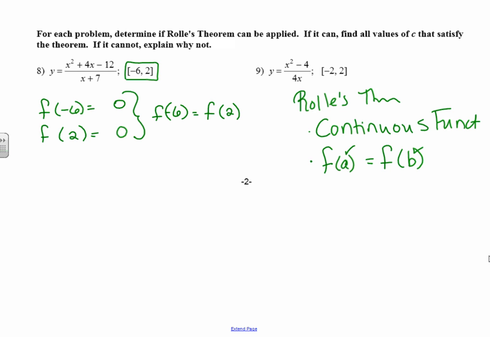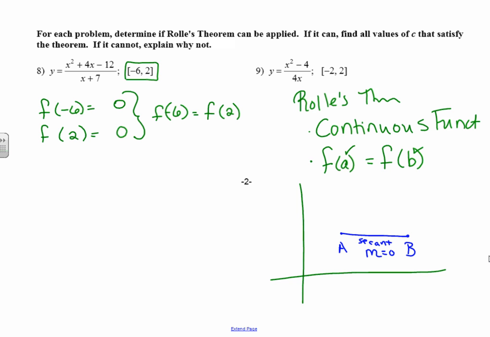Their y values agree. Remember when we did this in class for notes, I had you plot some point A, and we plotted some point B exactly at the same height. Join them up with a secant line. The secant line is basically the average slope between the points, and that has a slope of 0.